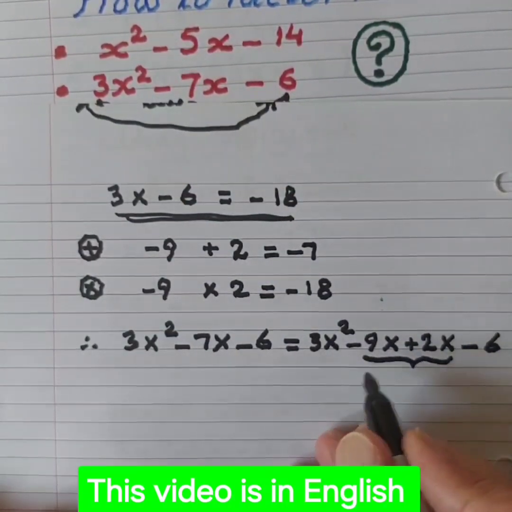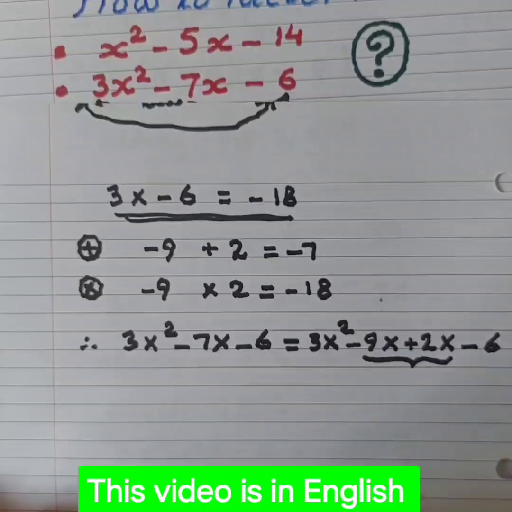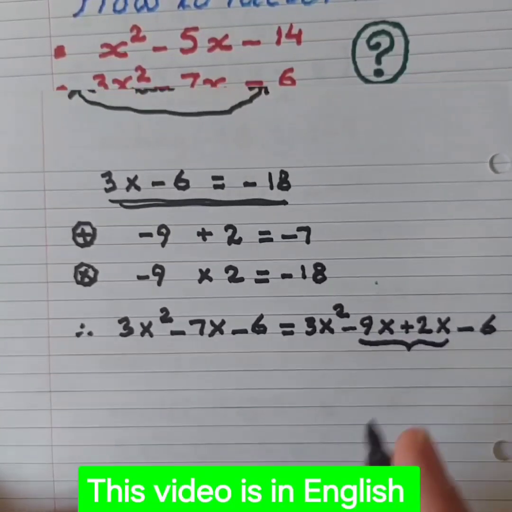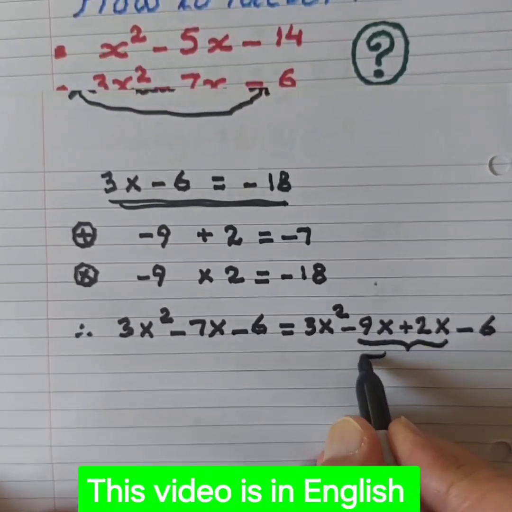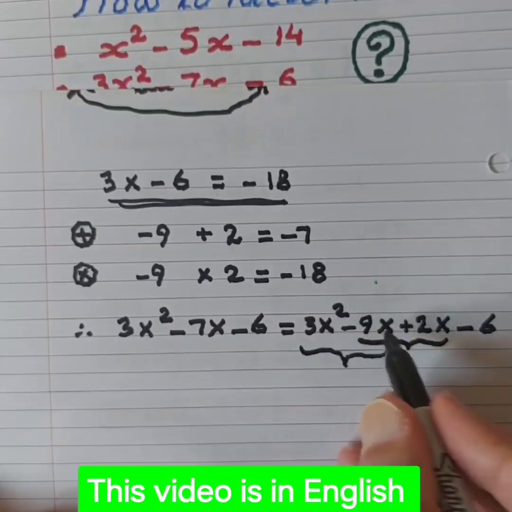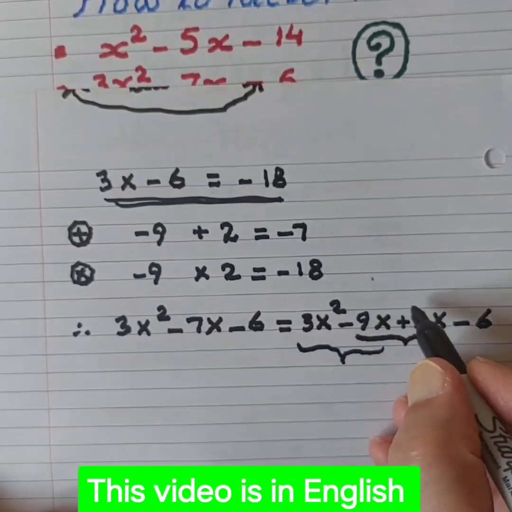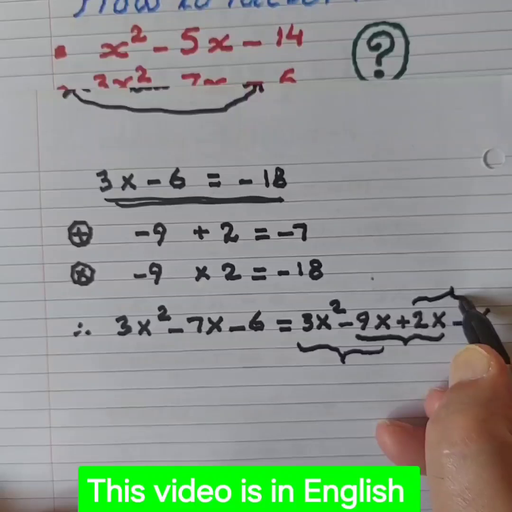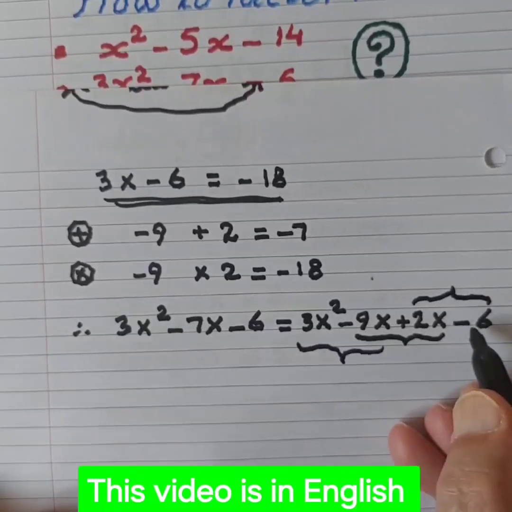Then we see we now have 4 terms. I will take the first 2 terms together. There's a common factor between them. And the other 2 terms, there is a common factor between them.